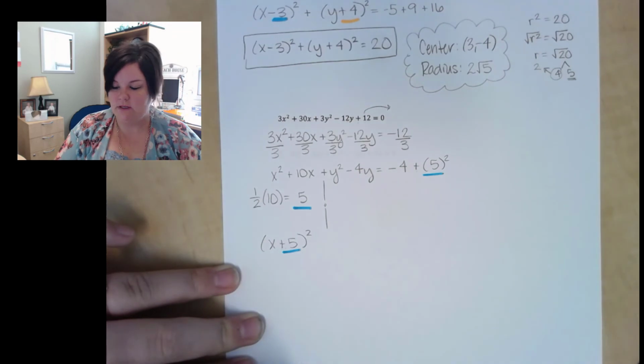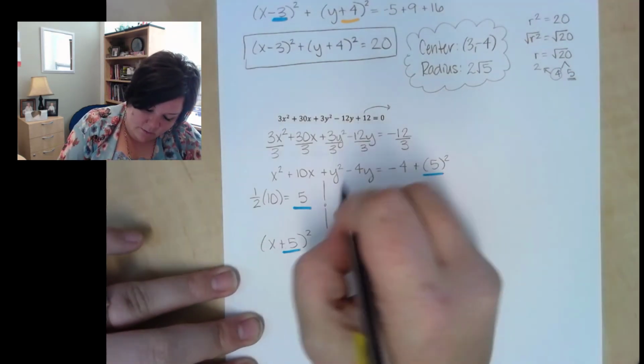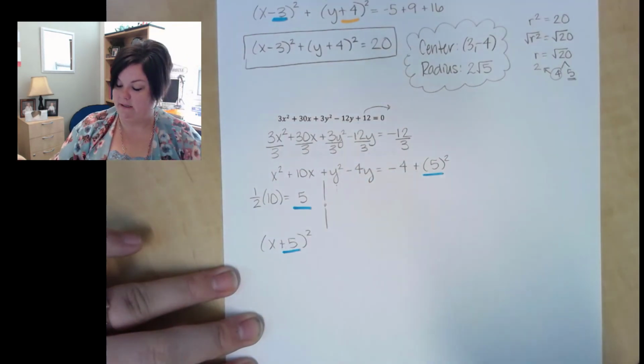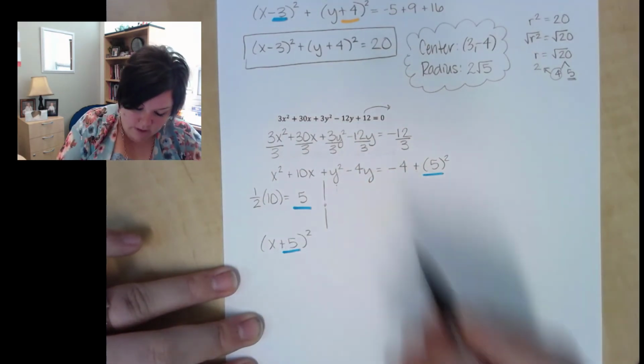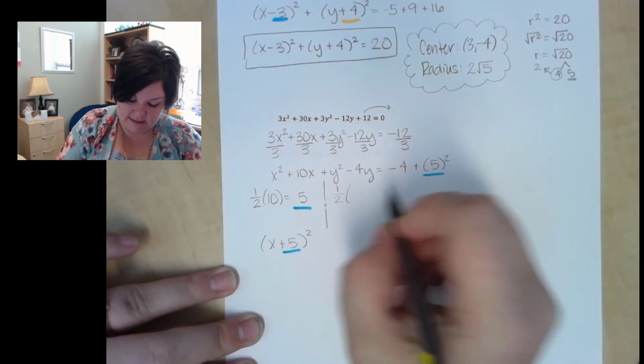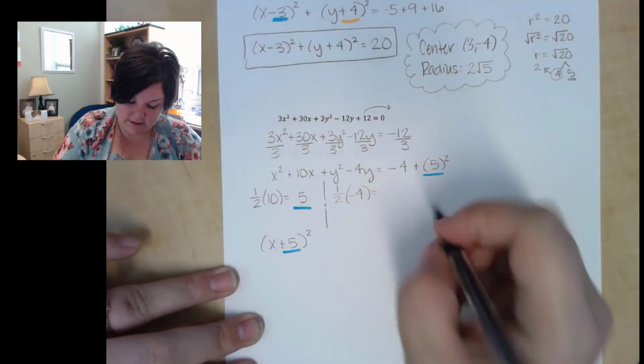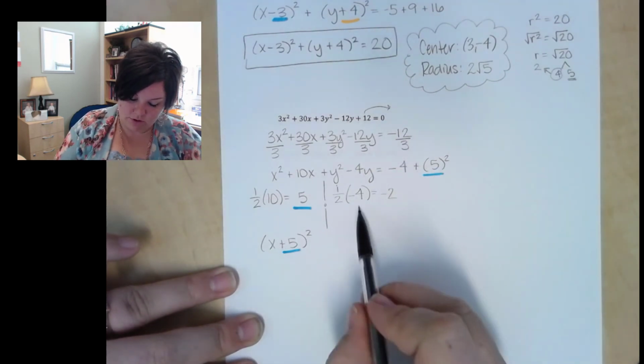Then we want to do the same thing with the y's. So when we look at the y's, we take half of our y coefficient, which in this case is -4. Half of -4 is -2. So we can use our little shortcut here.